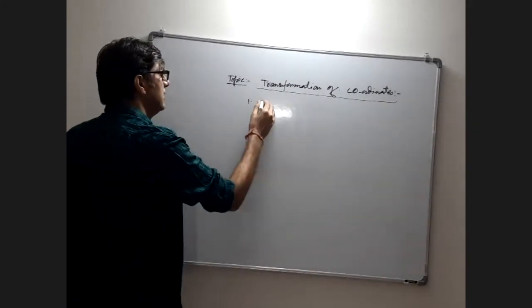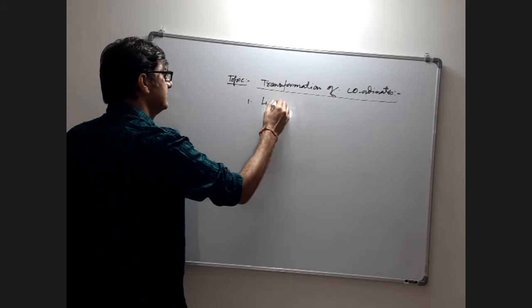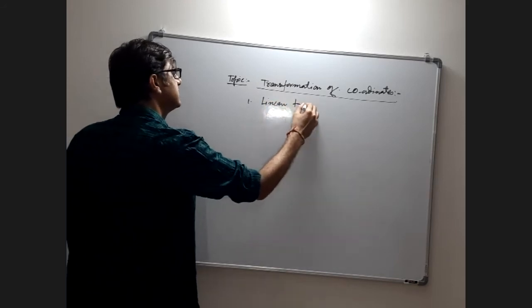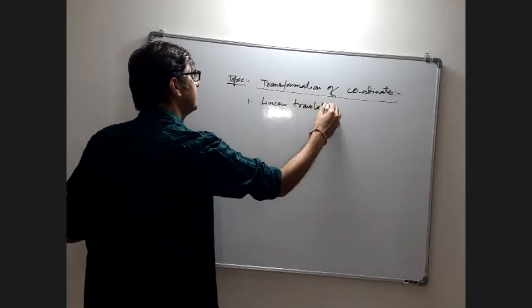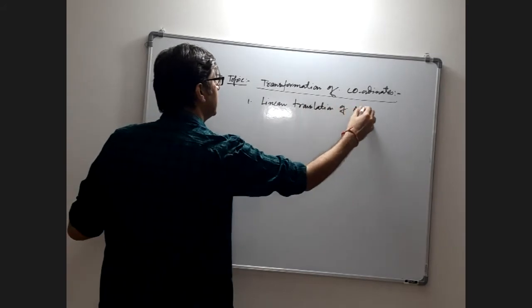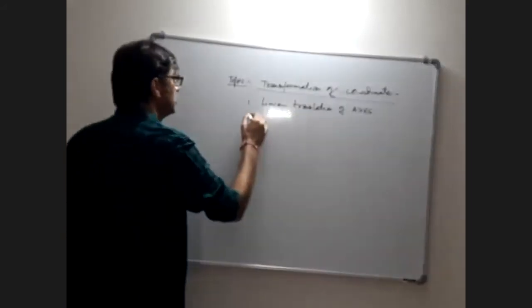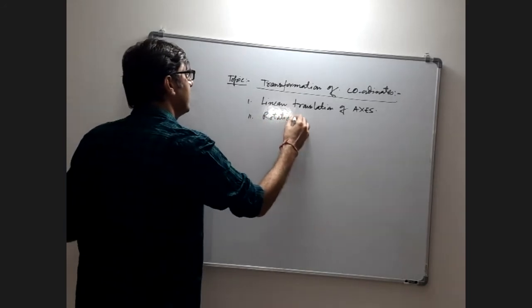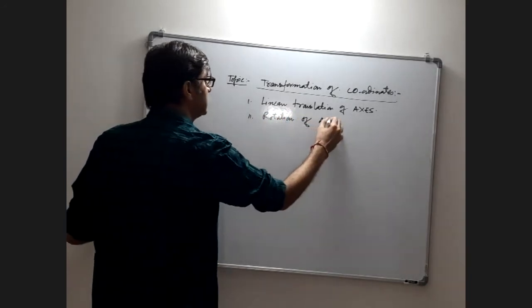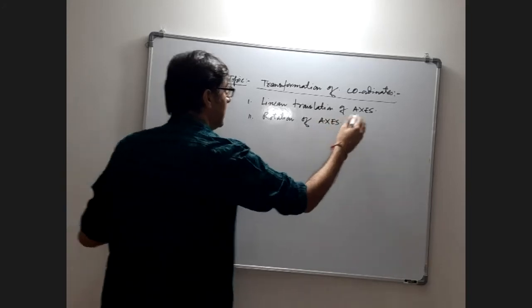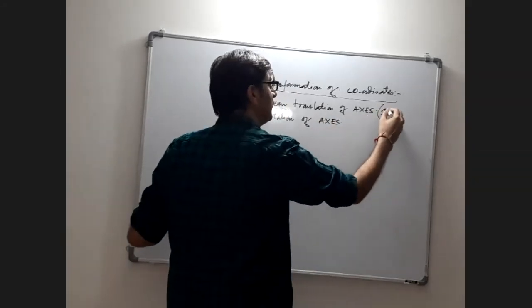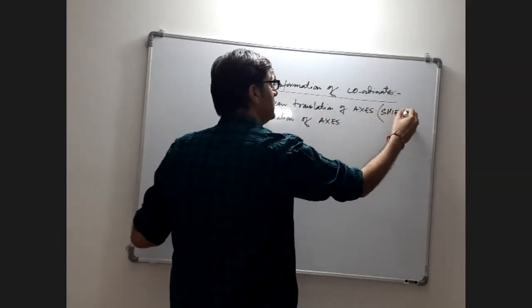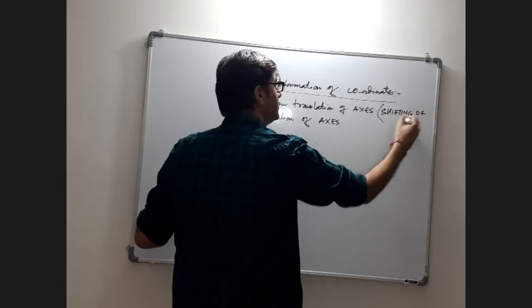Number one, linear translation of axes, and number two, rotation of axes. Here the first is also called shifting of origin.